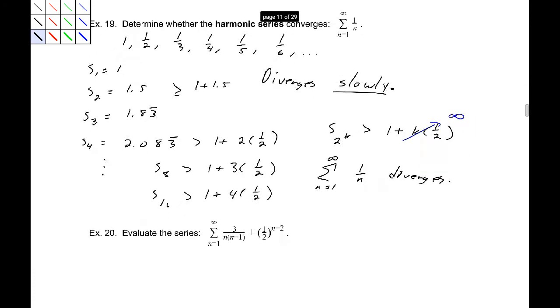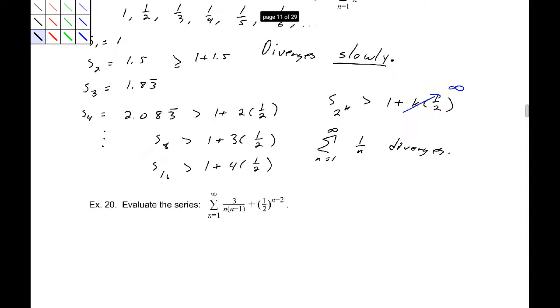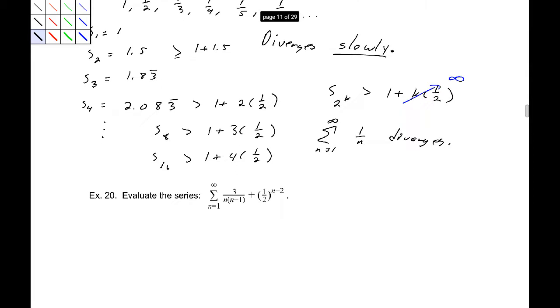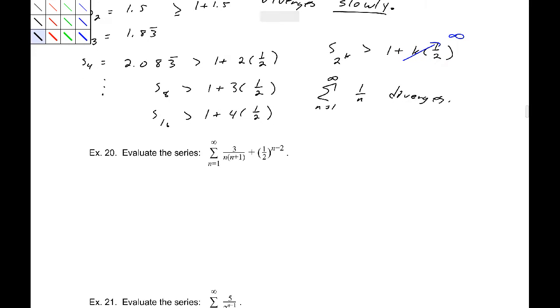Okay, two more examples till we are finished with this. Evaluate the series. Now this is going to use some algebraic properties that we have yet to speak of. If each of these series converges separately, then we can just add them and compute them separately.